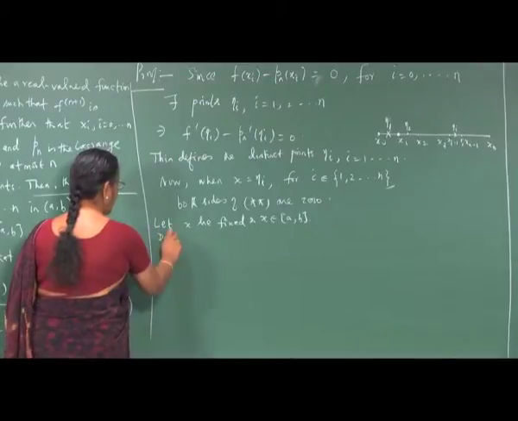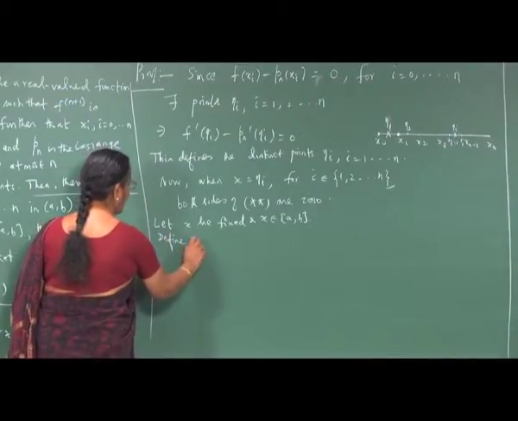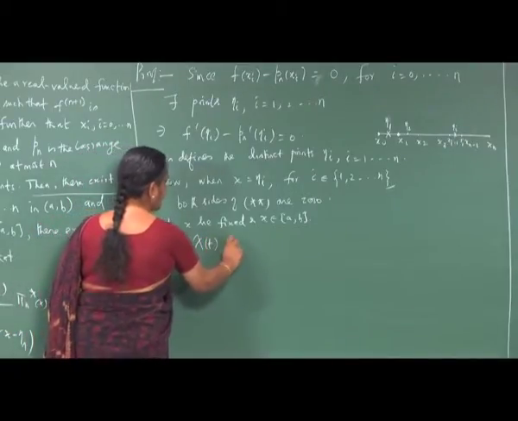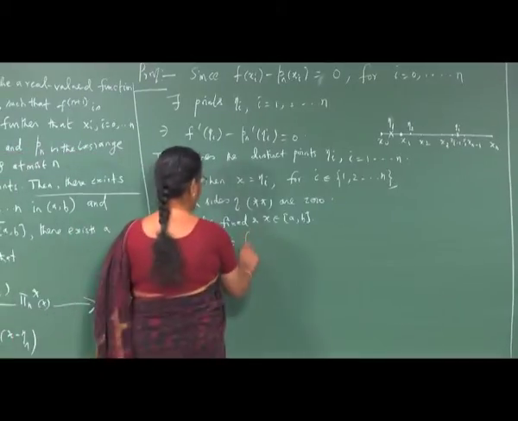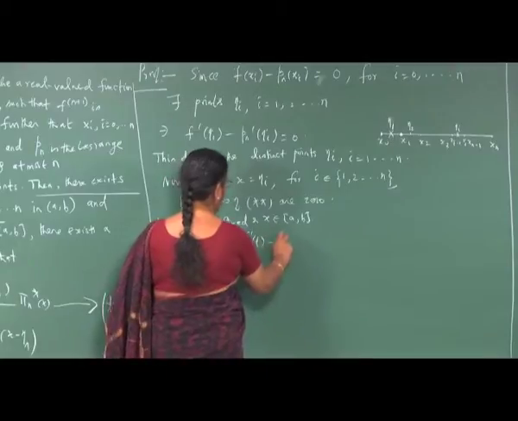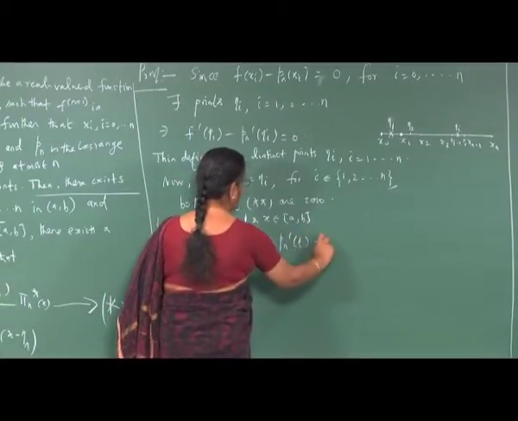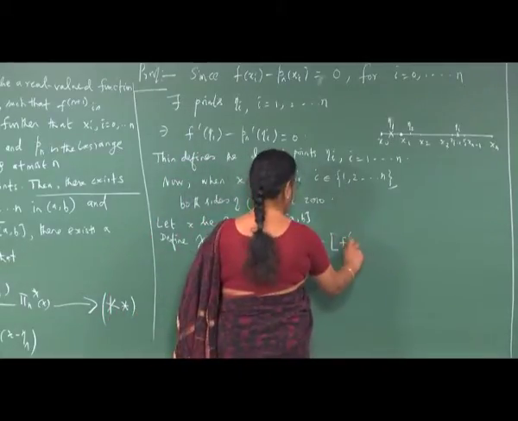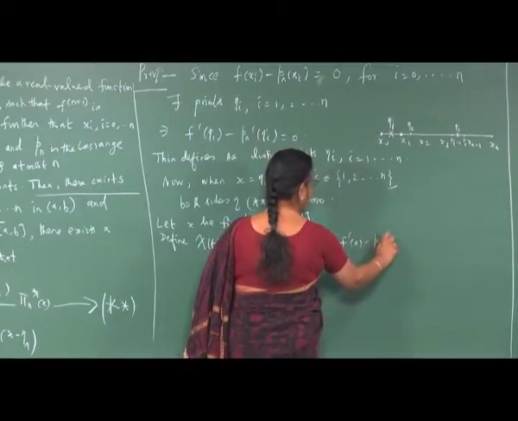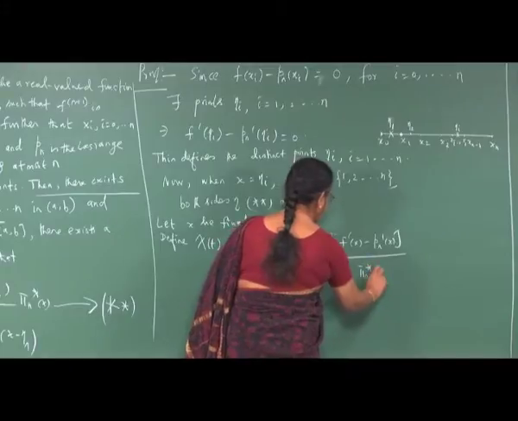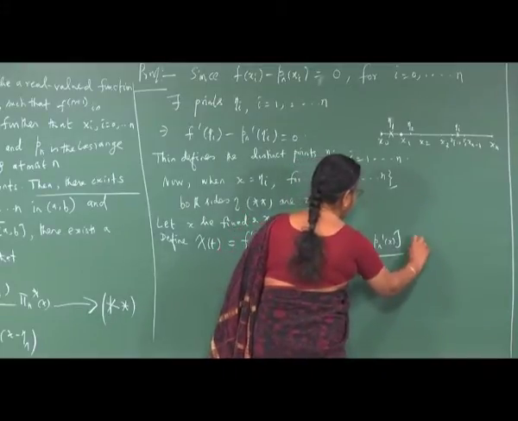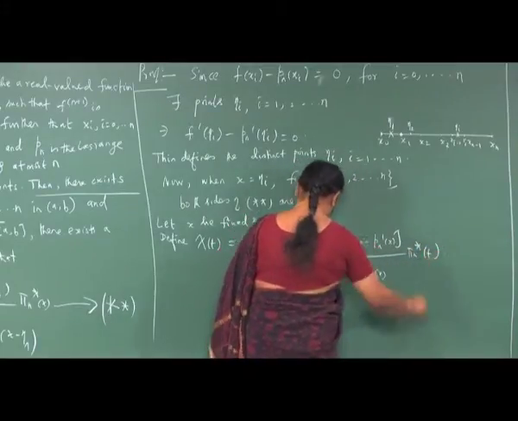And let us define a function as follows. Say a function chi such that chi of t is equal to f dashed of t minus Pn dashed of t minus [f dashed of x minus Pn dashed of x divided by pi n star of x] into pi n star of t.